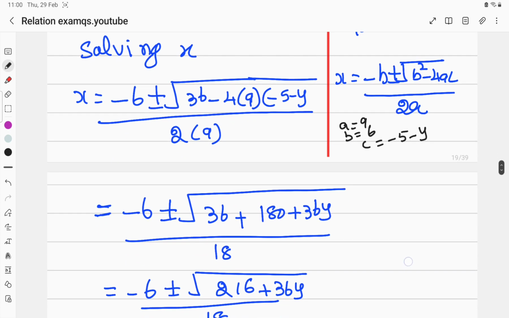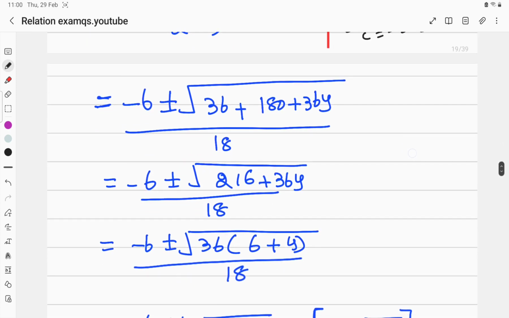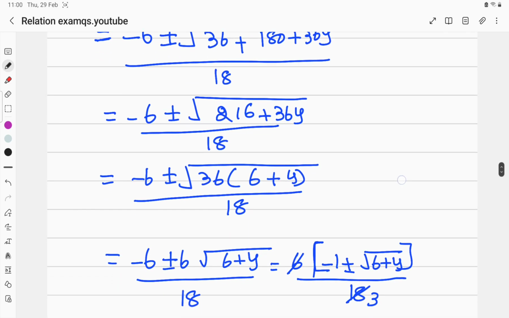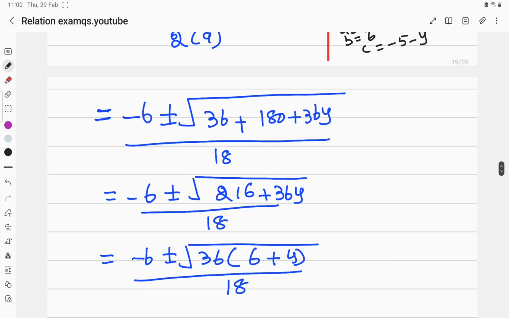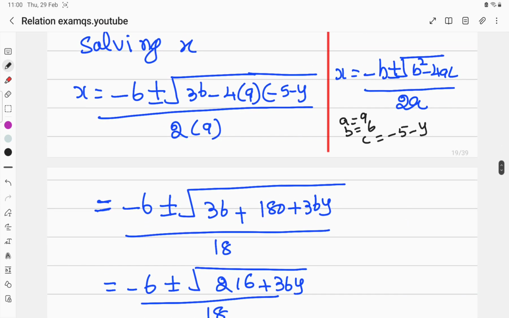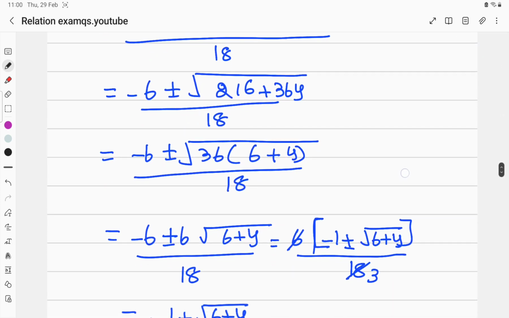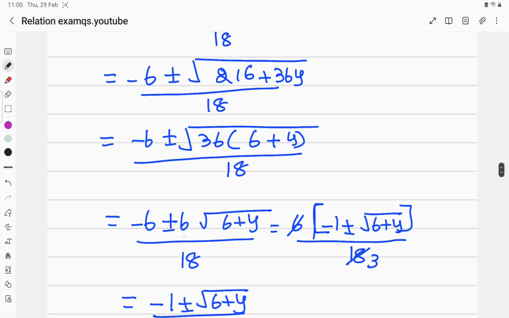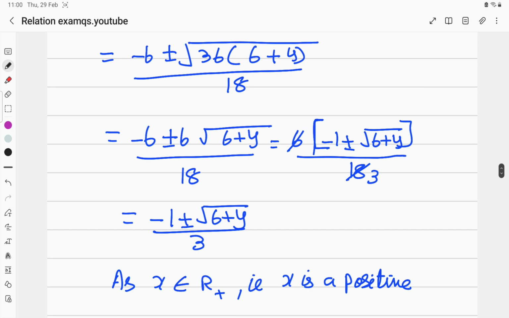Solving, we have minus 6 plus or minus 6 root of 6 plus y. Taking 6 common, we get x is equal to minus 1 plus or minus root of 6 plus y by 3.